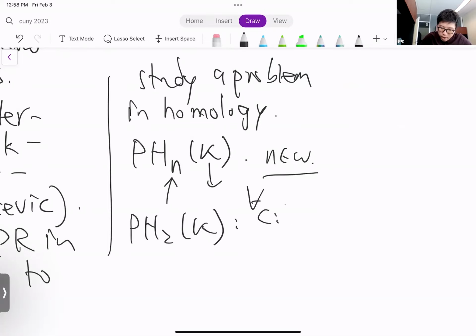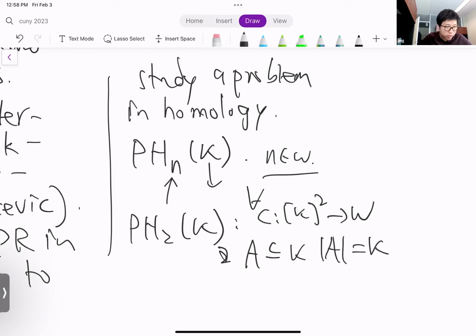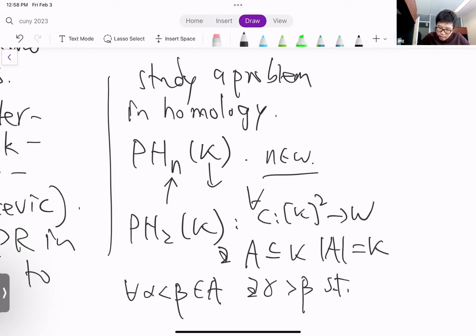This is saying that for any omega coloring of pairs of kappa, there exists a subset A of full cardinality, such that for any alpha less than beta in A, there exists gamma greater than beta such that, oh, I must fix a popular color as well, such that C of alpha gamma equals C of beta gamma equals I.